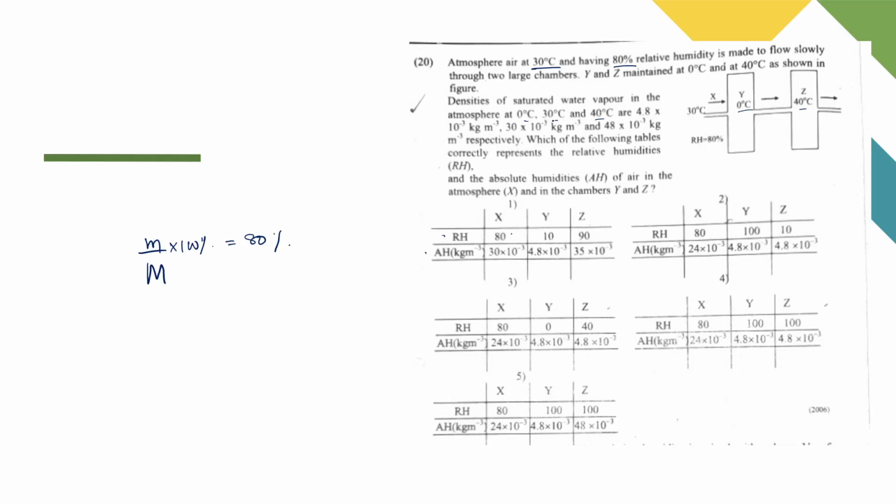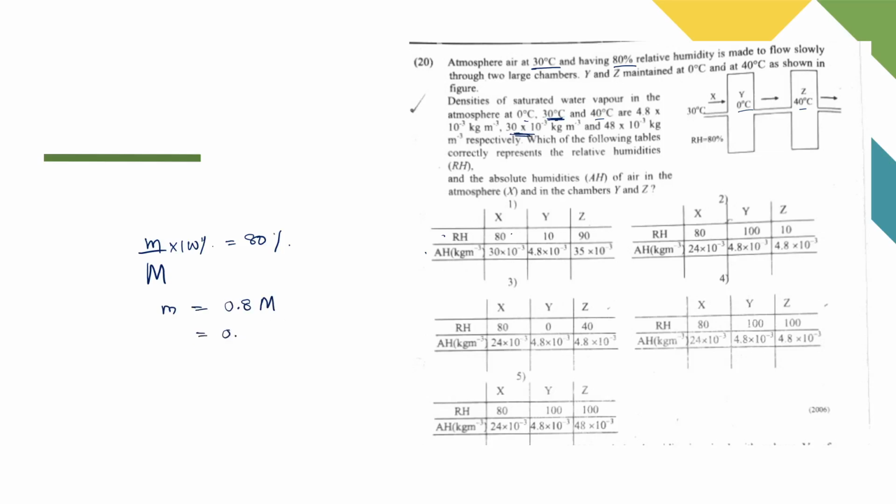Then they say at 30 degrees Celsius, the maximum is 30 into 10 to the minus 3. Then, simple: RH is 80%. That means 0.8 into capital M. Capital M is how much? The maximum, right? 30.